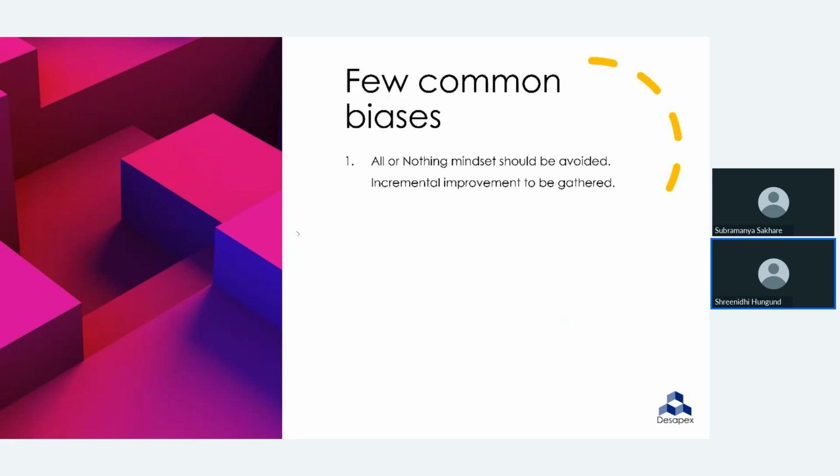If a client or a property owner is aiming to implement BIM or any sort of digital framework, whether it is an ERP system, CRM, or HRM systems, or any sort of digital implementation related to construction projects, I think all or nothing mindset should be avoided, and we should always aim for incremental improvement, and the implementation has to happen on a step by step basis.